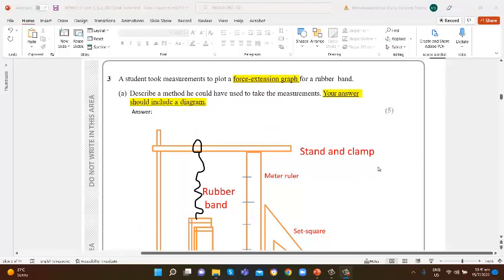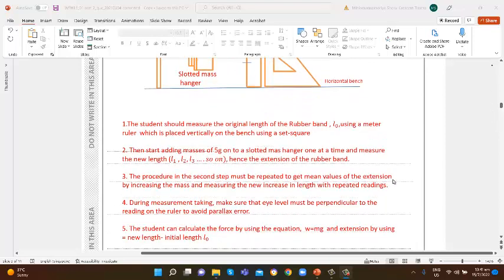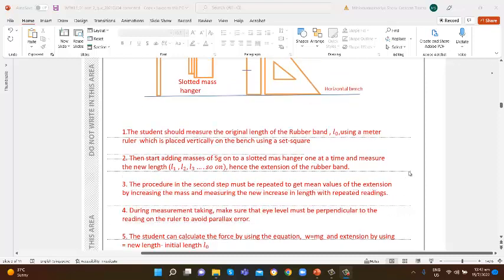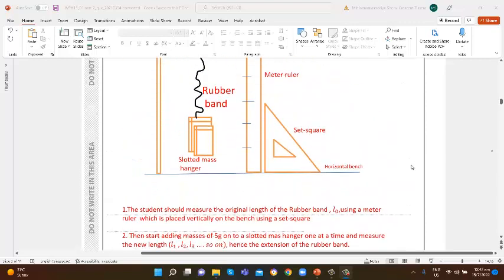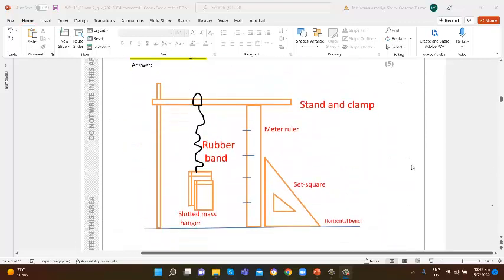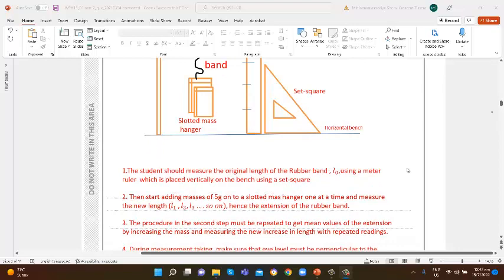Now we are using a rubber band to see the extension. So we must write step by step what you are going to do. Here they are giving 5 marks. Yes, so you have to have 5 points to get 5 marks.